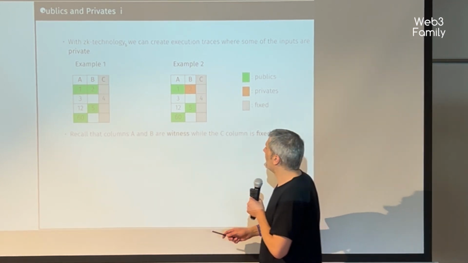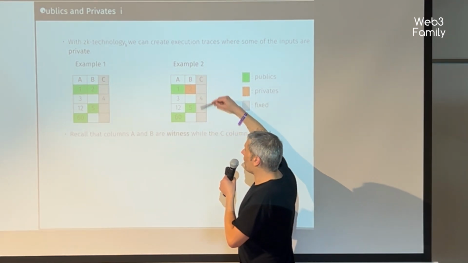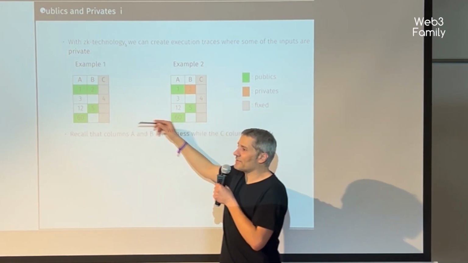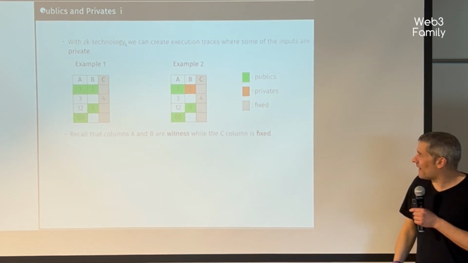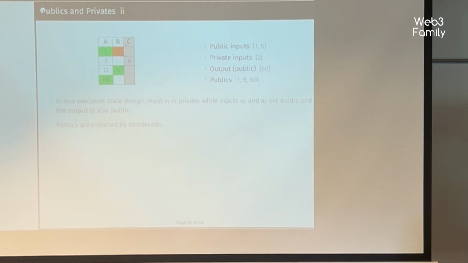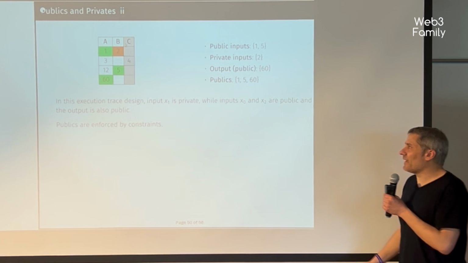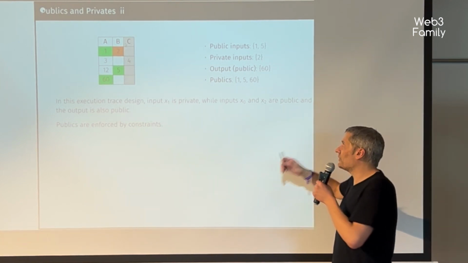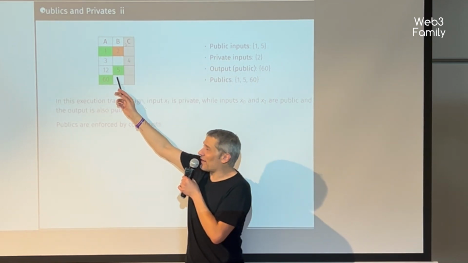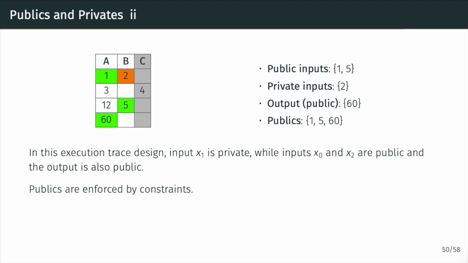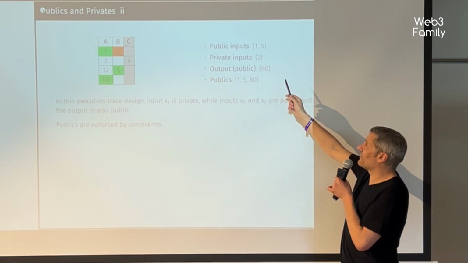And these columns here are also public. They are the fixed values. So in this particular execution matrix, we have 3 inputs, but from these 3 inputs, 1 to 5, only 1 and 5 are public inputs. 2 is a private input.